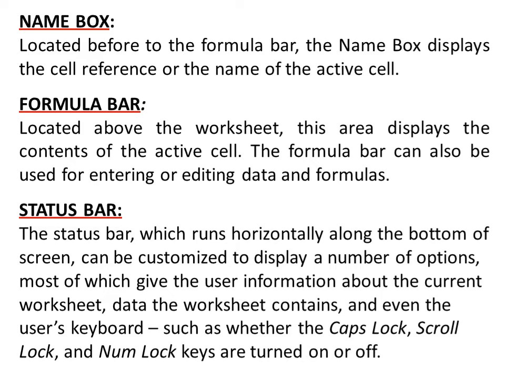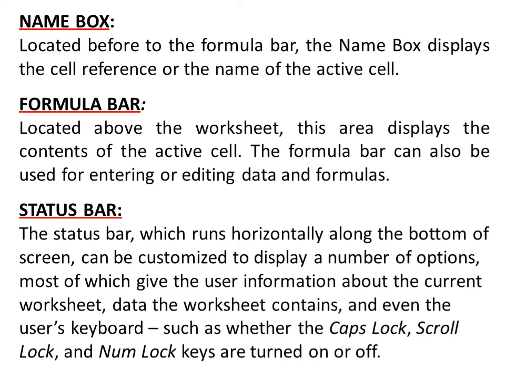Next one is formula bar. This is located just above the worksheet or the work area. This area displays the contents of the active cell, which is also called the selected cell. The formula bar is also used to enter or edit data and formulas.